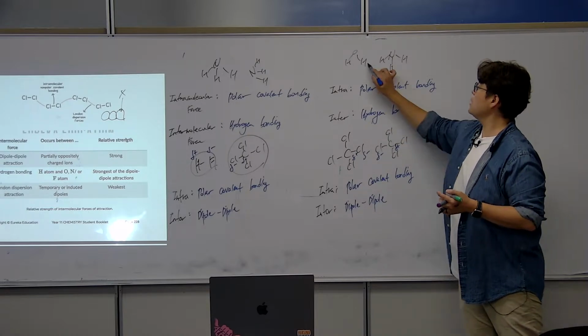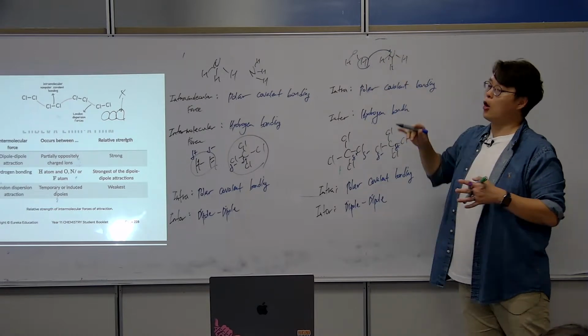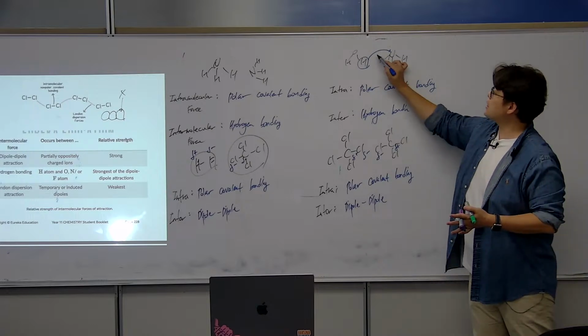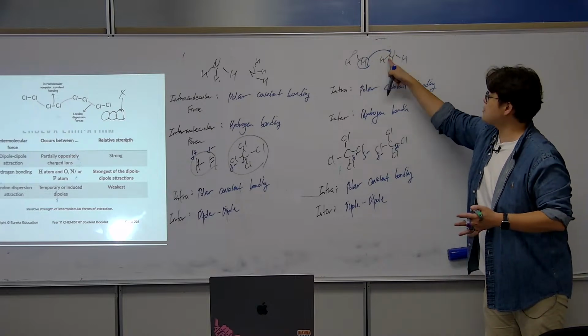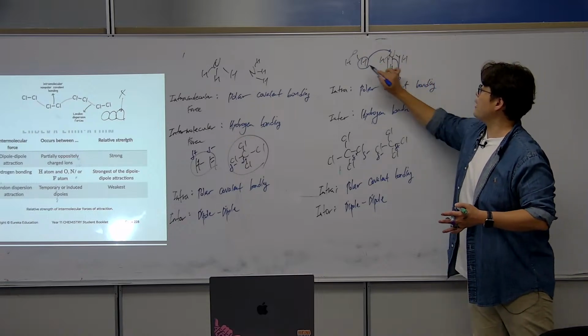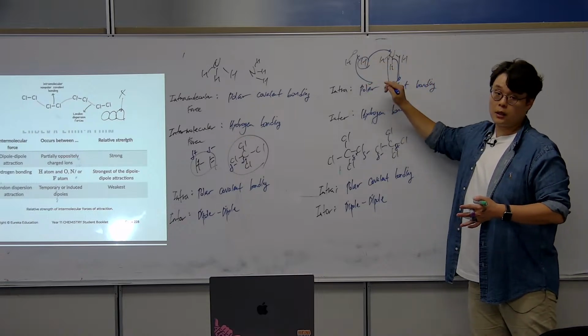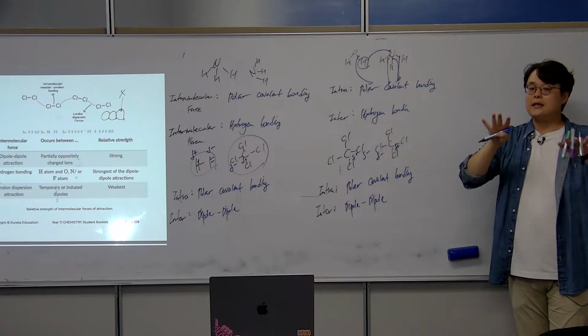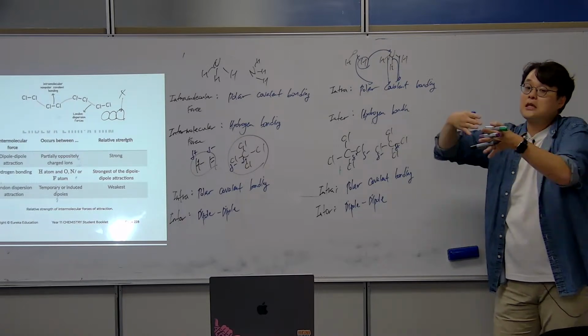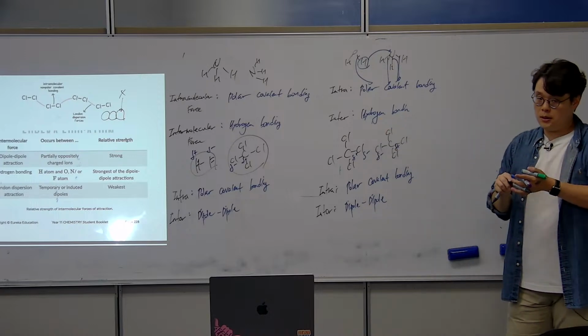Because you see, this hydrogen is almost attached to the nitrogen. So I'm calling this the hydrogen bonding, not these bonds inside the molecules. These are the polar covalent bonds. Remember that, differentiate inter from intra. Inter is always something that happens between the molecules.